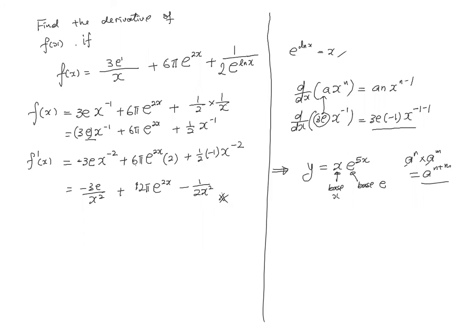This is not an exponential term. This is the product of power and exponential. So we can't find the derivative of this just based on what we have learned. So later we will learn about another rule.